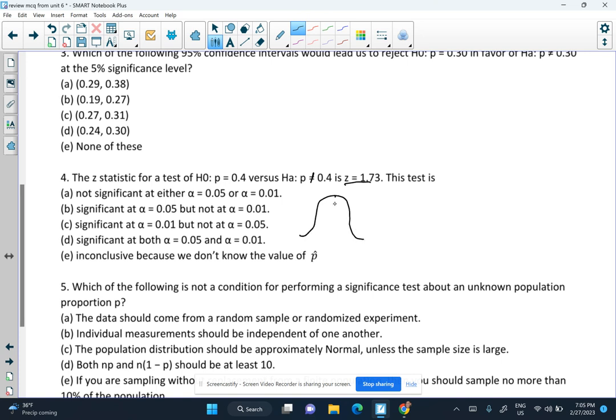This problem is a little bit different than number 2. Again, they don't give us our p hat, they give us our test statistic. But how this problem is different, aside from having a different test statistic, is that it's two-tailed.